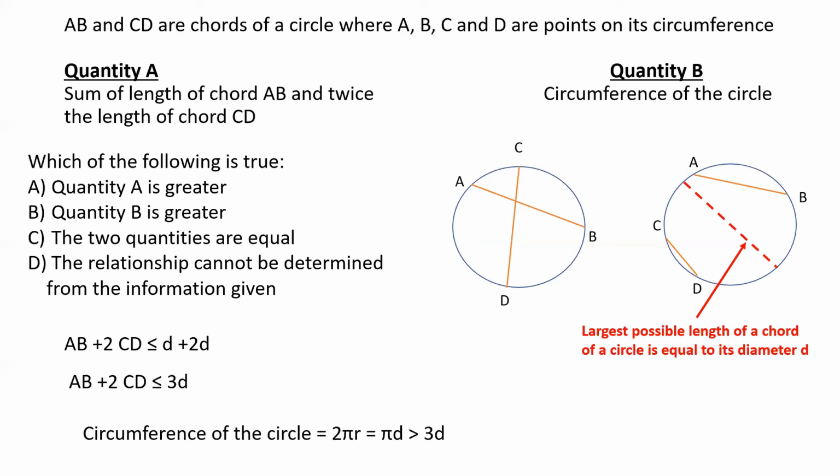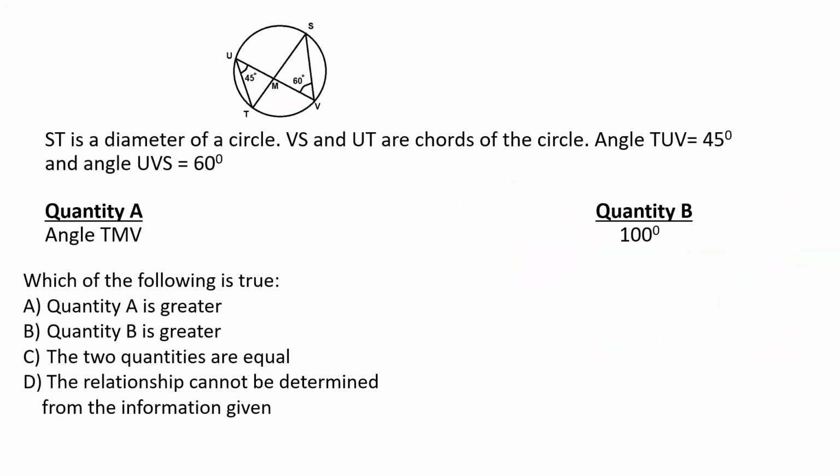Even if we maximize quantity A, it's still going to end up being less than quantity B. So quantity B is the correct answer in this case, even though at first glance the problem appeared as if there's not enough information given. With one level deeper thinking, we find that there's no scenario where quantity A could be greater. Therefore, quantity B is the greater of the two.